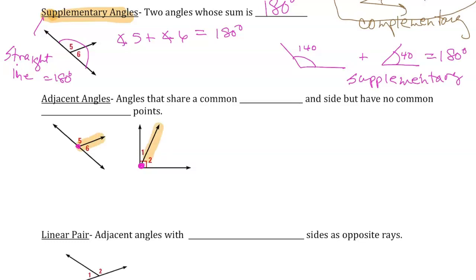So we'll write that in: angles that share a common vertex and a side, but have no common interior points. That means they don't overlap. So these pink dots I just wrote in indicate a vertex, and more than one vertex are called vertices.